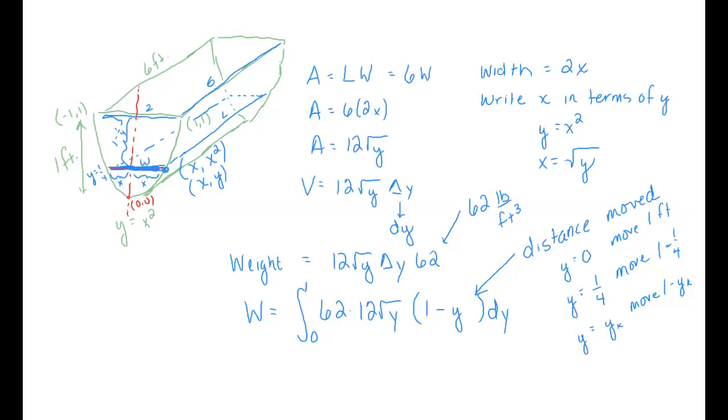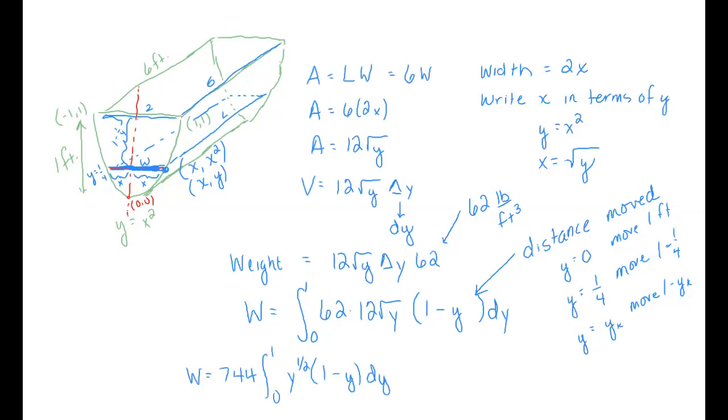Okay. So work is 744 times the integral from 0 to 1 of the square root of y, which is y to the 1/2, times 1 minus y, dy.